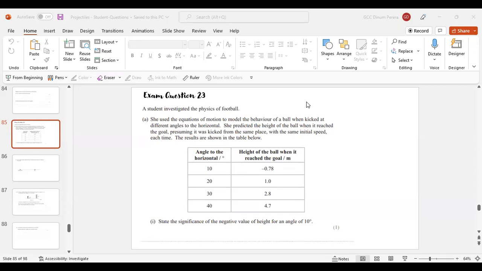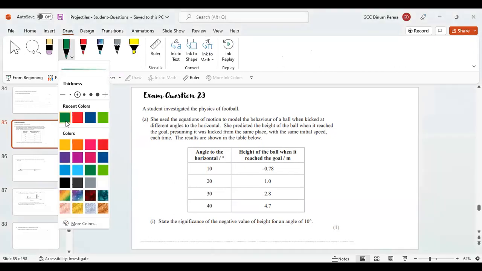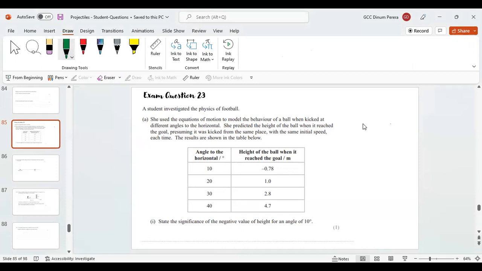There are some fundamental mistakes that we have done. Let me quickly tell those mistakes which I found. One is when you use your equations, I can see some of you are not indicating direction.